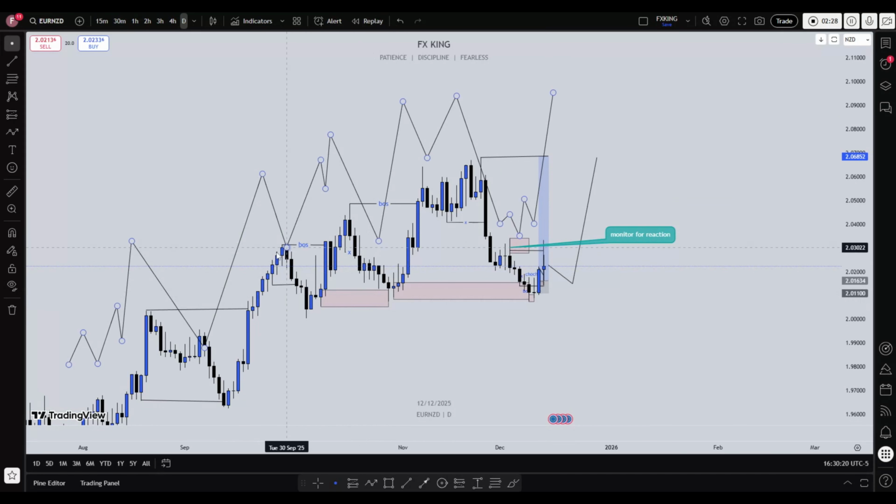Apart from this inducement here, the market still had an inducement here. It came, took it out, and the break of structure which we are following now actually had an inducement, and it also has an entry inducement. So the market has taken our liquidity under this low. Initially I was buying off last week. I wanted to buy off this zone.